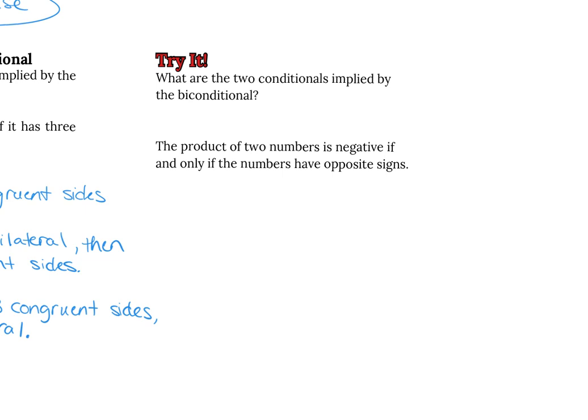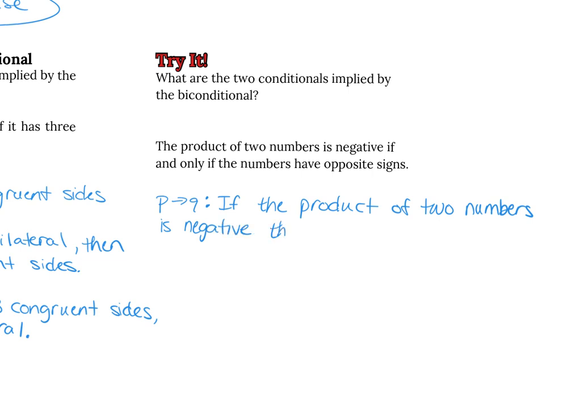All right, so our conditional, so P, then Q. So if the product of two numbers is negative, then the numbers have opposite signs.